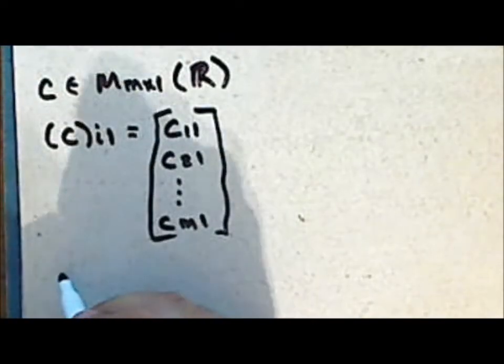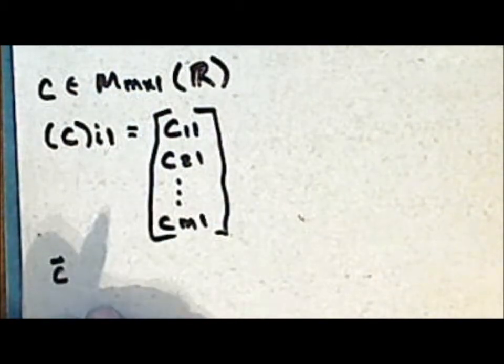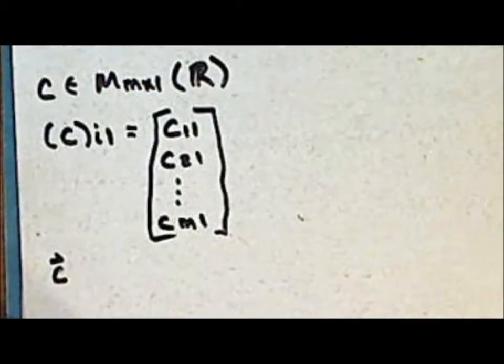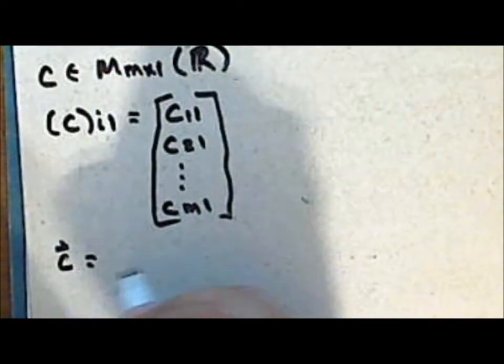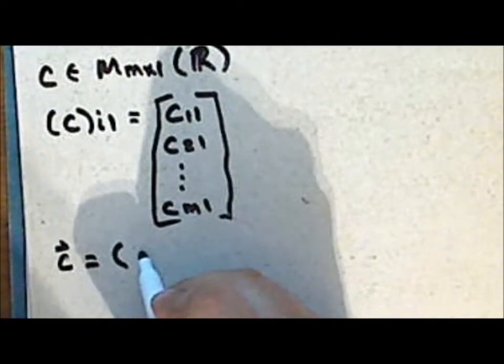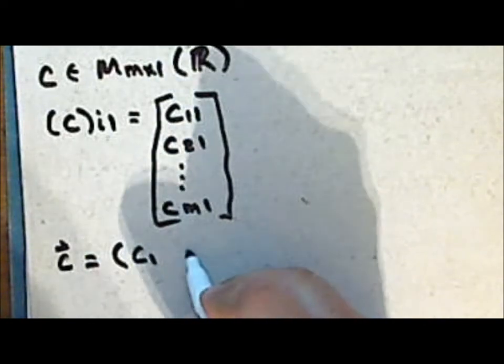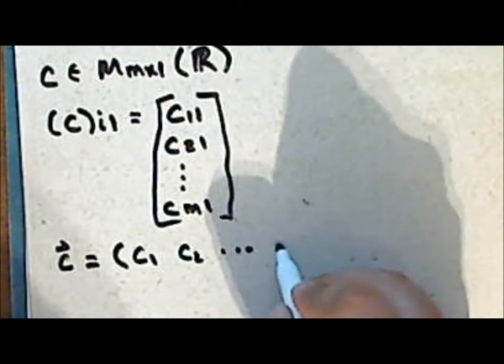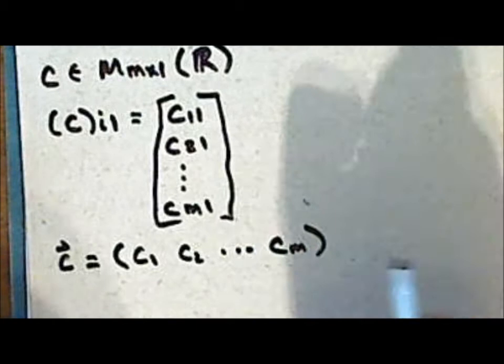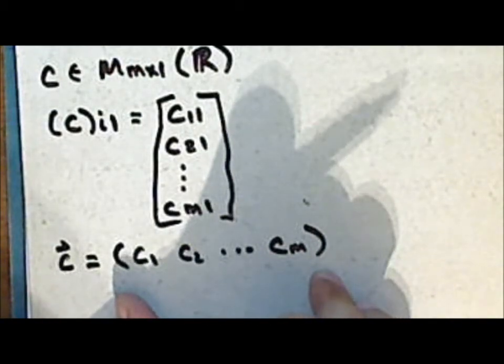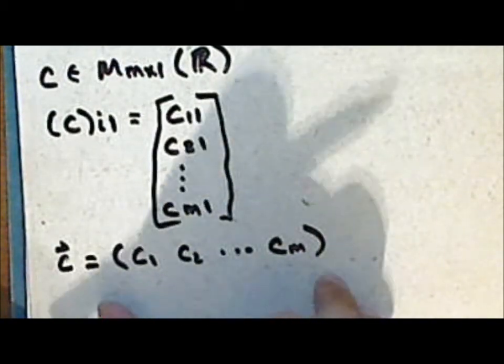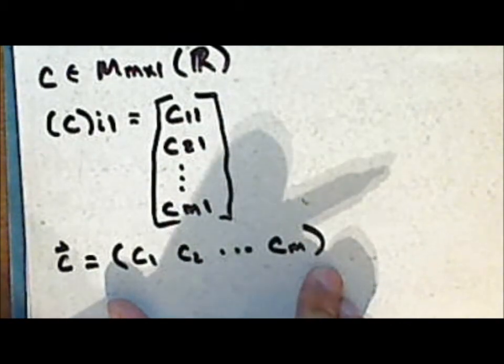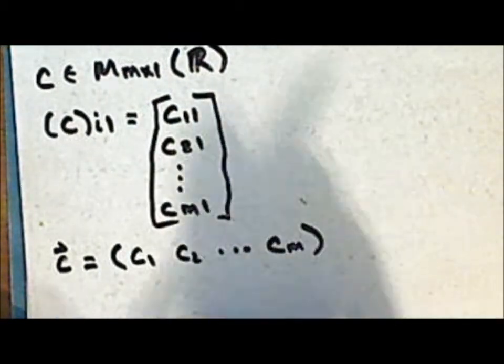But again, as there is only a single column, it is redundant to use two indices. So instead, we say that we have a vector C, and here again I'll use a lowercase with an arrow above, and list its components as C1, C2, and so on, up to Cm. And again, using parentheses rather than square brackets, and using the convention of writing it horizontally versus vertically.